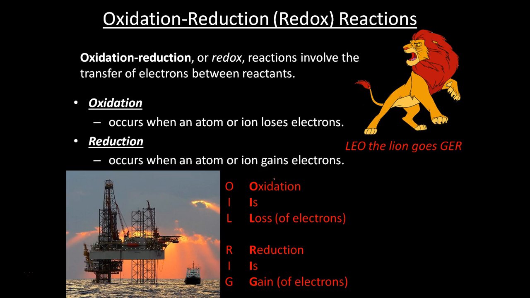And I kind of like this one better because we get this nice Lion King picture. For this one, Leo is loss of electrons, oxidation. Grr is gain of electrons, reduction. So Leo the lion goes grr: loss of electrons, oxidation, gain of electrons, reduction.